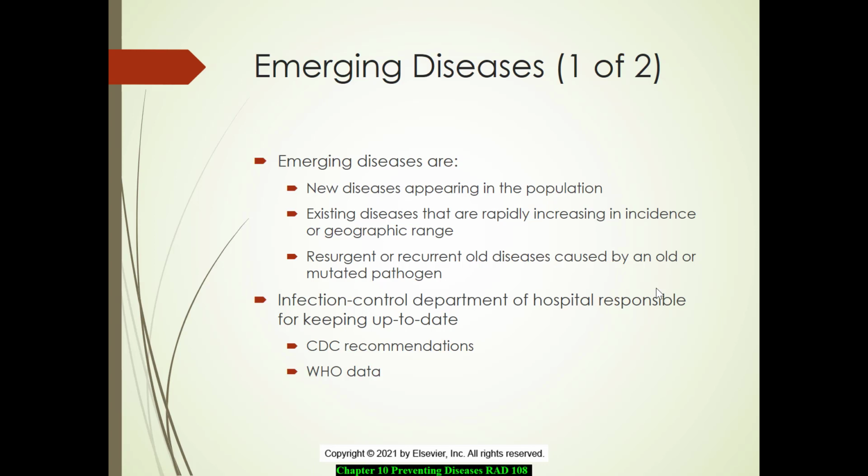Right now, the push is to get everyone vaccinated so that we stop the transmission of COVID and stop that mutation from occurring, so that we can keep up with how to hopefully create a cure or prevent ourselves from getting that disease.